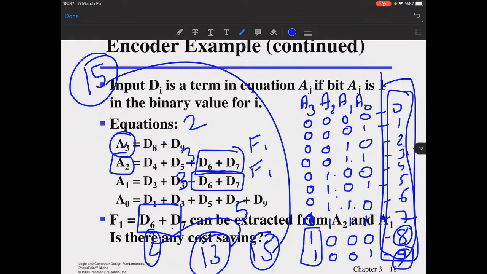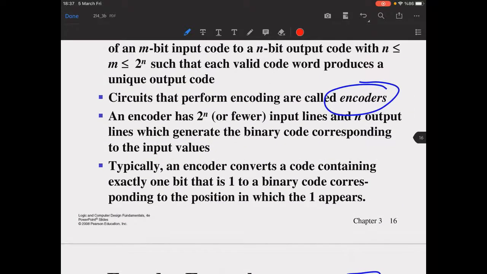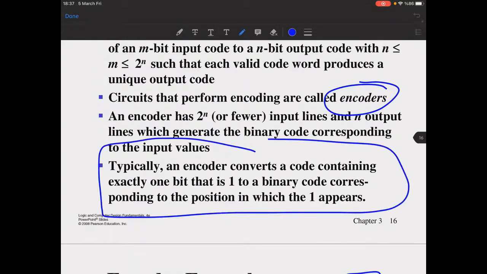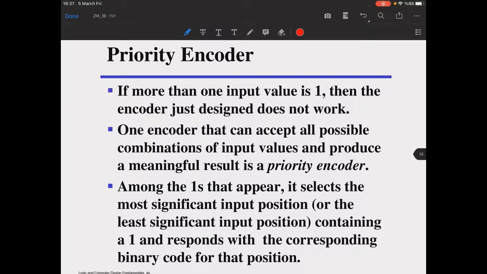At any given time, your digit can be 9, for example. If it is 9, it means that the other 8 possibilities cannot happen. That's the situation with this type of circuit, where only a single one of the inputs is 1. Otherwise, you need to implement a priority encoder.